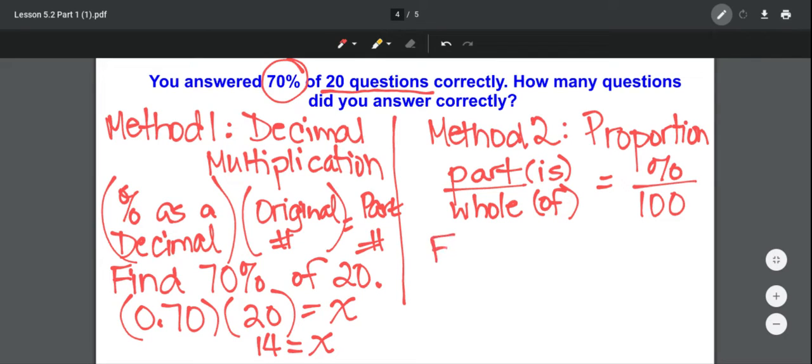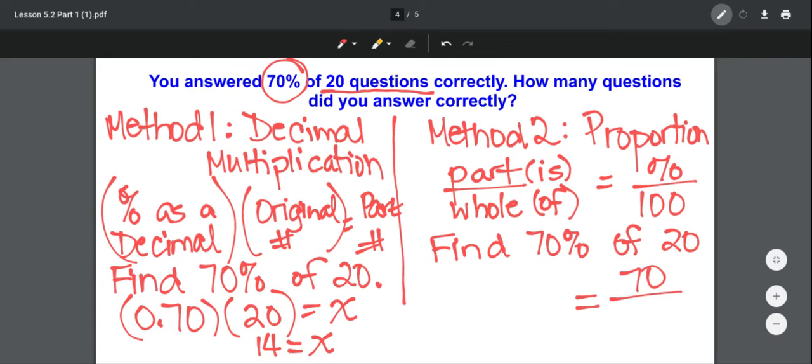So again, if we are looking to find 70% of 20, we have a percent, so that will go up on top as 70. 100 would be our denominator because that's already part of the proportion. So where would the 20 go? Well, the 20 is attached to that word of, so therefore it would go in the denominator just like it shows in our model.